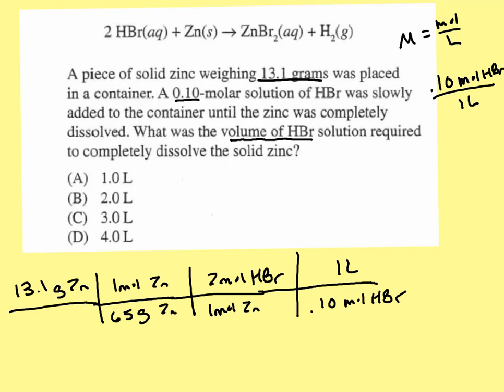So reducing this down, 2 and 66 is going to be 1 and 33. And then 33 times 0.1 is 3.3. So 13 divided by 3.3 is around 4, because 4 times 3 is 12, but 4 times 3.3 is around 13. So that means my answer is D.